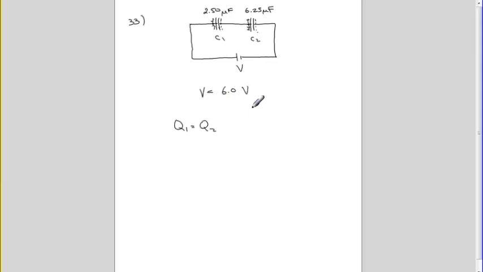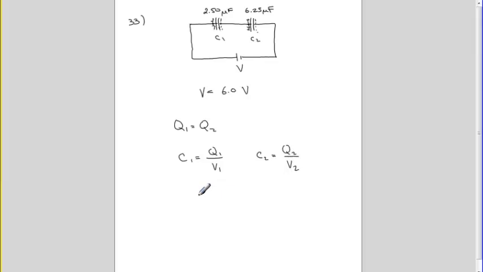We also know the total voltage is going to be equal to 6 volts. Looking at the relationship between capacitance, charge, and voltage, C1 is Q1 over V1, and C2 is equal to Q2 over V2.